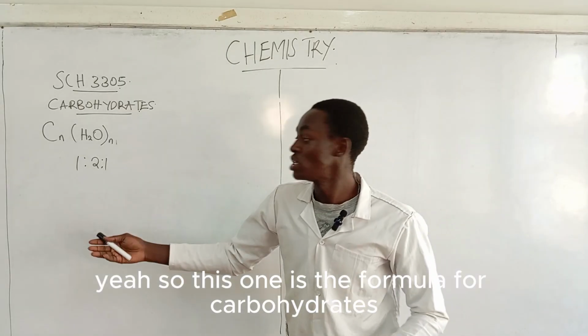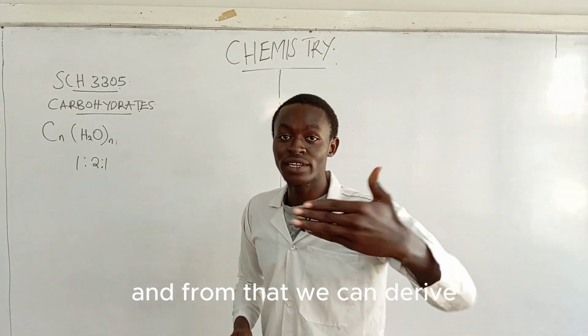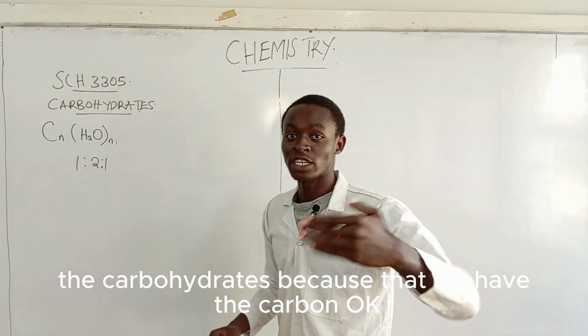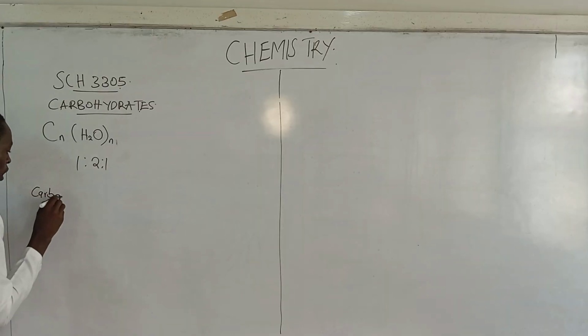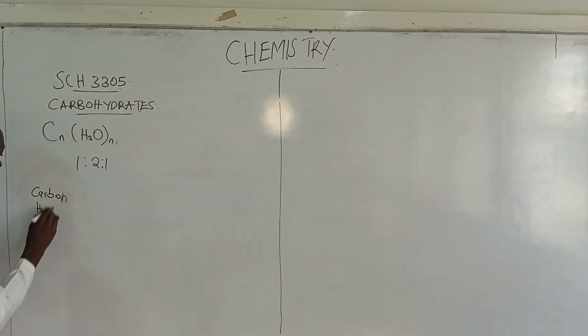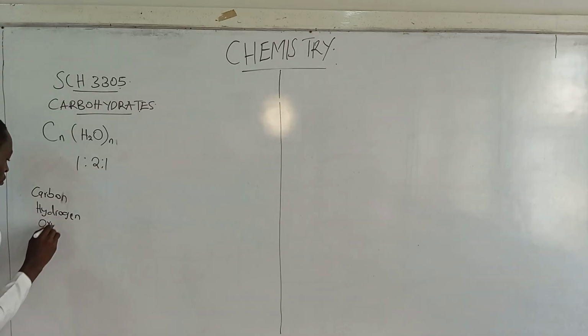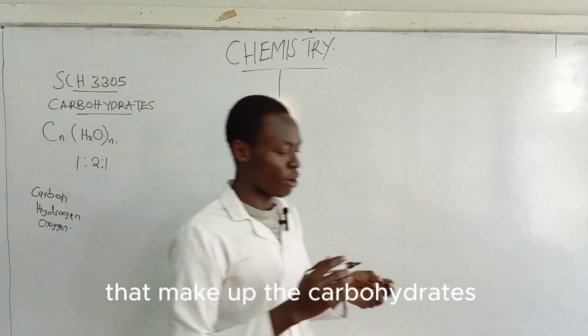This is the formula for carbohydrates, and from that we can know the constituents that make up the carbohydrate. We have the carbon, we have the hydrogen, and oxygen.